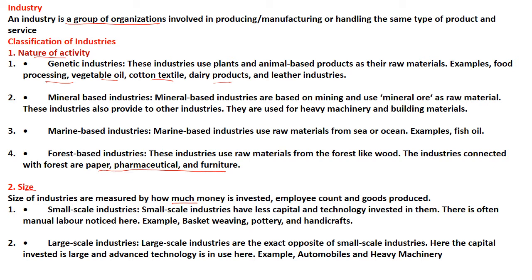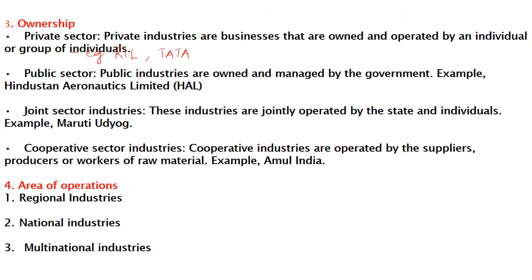Small scale industries have less capital. You have heard about SMEs, small and medium enterprises, right? Small scale industries, for example pottery, handicraft. There is less investment and fewer employees, and no sophisticated equipment is used in that type.